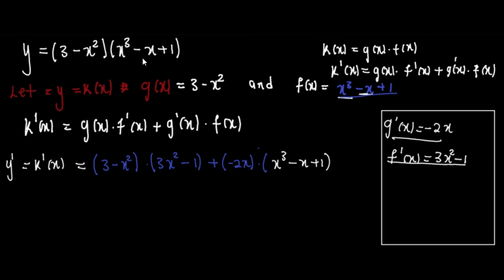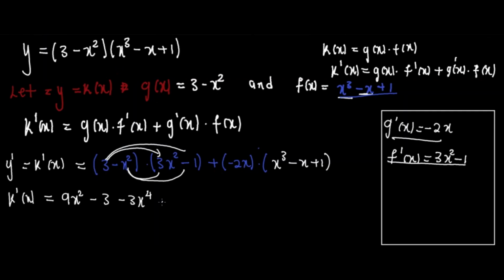If you want, you can simplify. Or if you don't mind, we can simplify. So k prime of x is equals to this times this. So we're going to use FOIL method. So we're going to have 3 times 3x squared is 9x squared and 3 times -1 is minus 3, minus x squared times 3x squared is equals to minus 3x to the 4th power, and minus x squared times -1 is positive x squared.